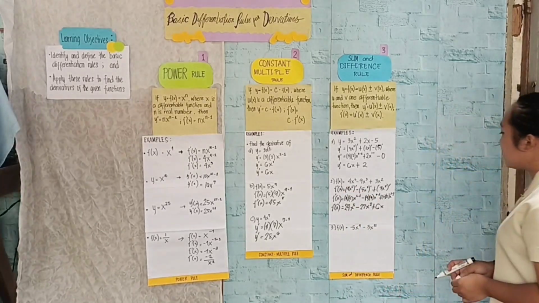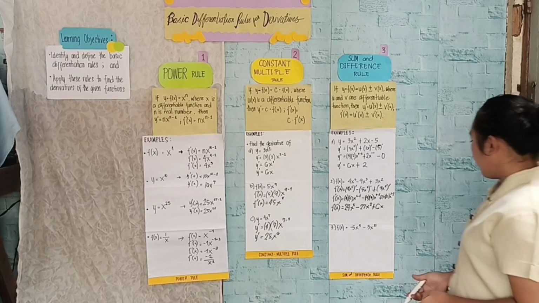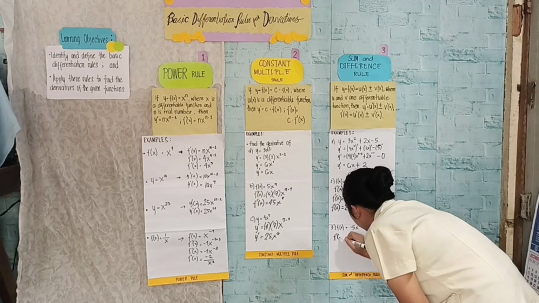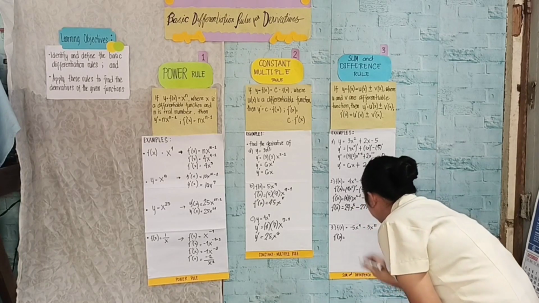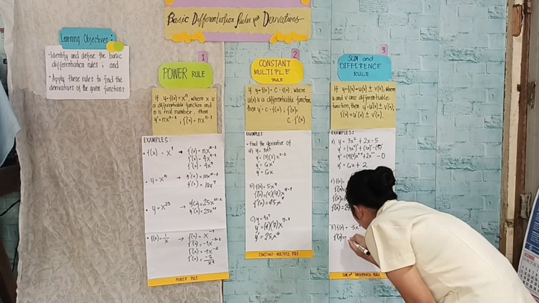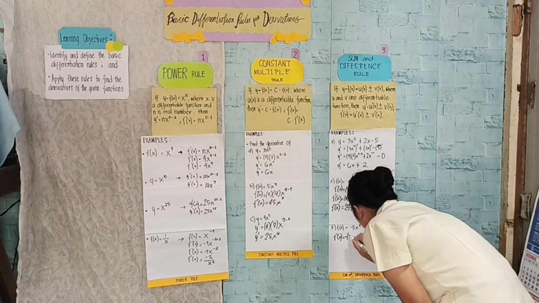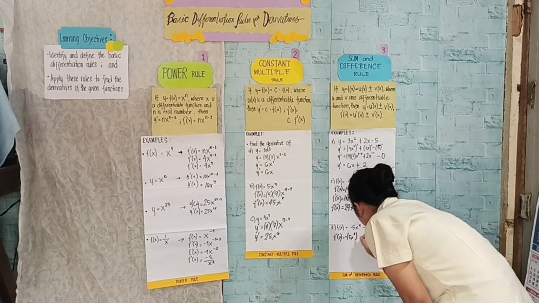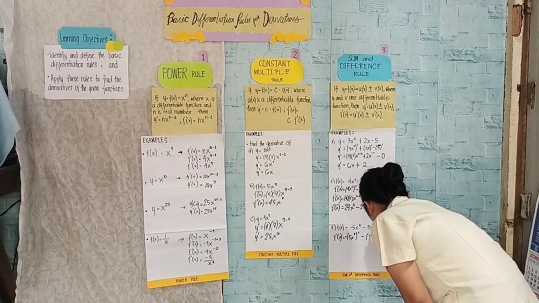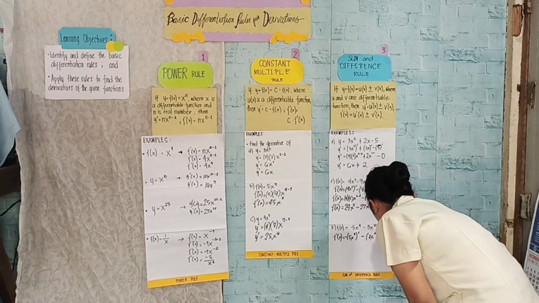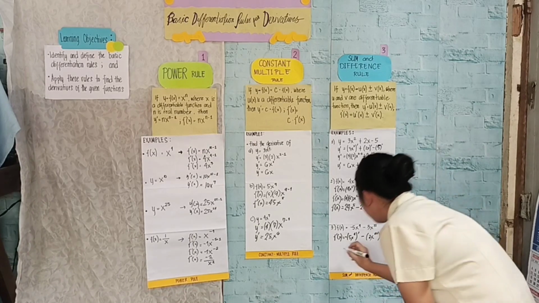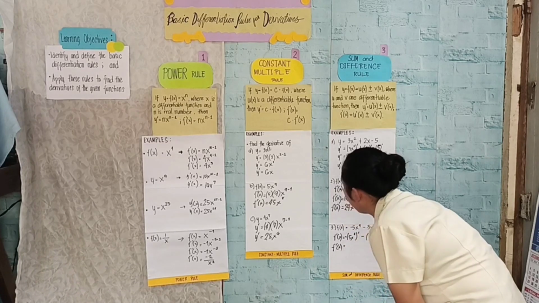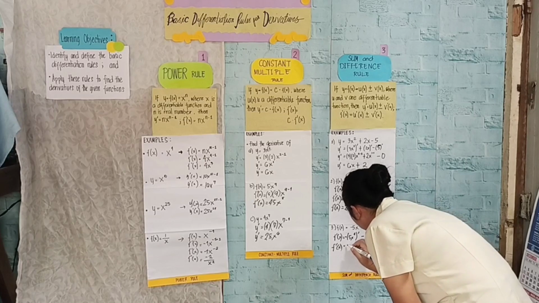And for our last example, f prime of x is equal to 5x raised to the 4th power prime minus 3x raised to the power of 11 prime. Then what is the process? Still the constant multiple rule.